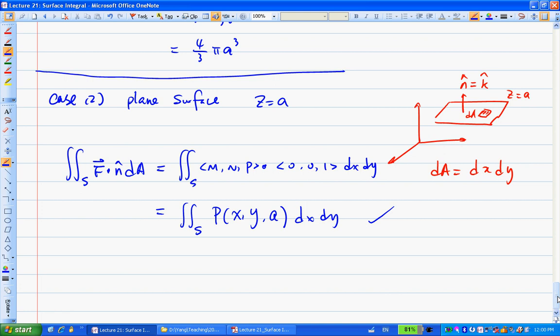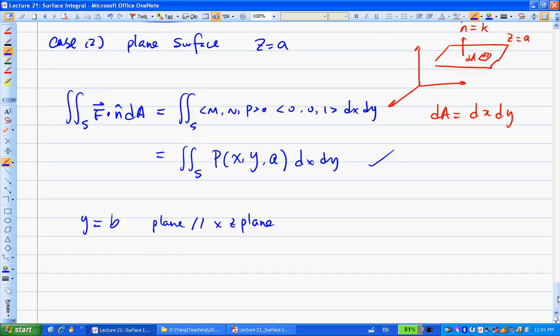Now, if you're talking about a plane surface that is not z equal to a, let's say you're looking at a plane parallel to the xz plane, that'll be y equal to b. Then similarly, you can try the same thing here.